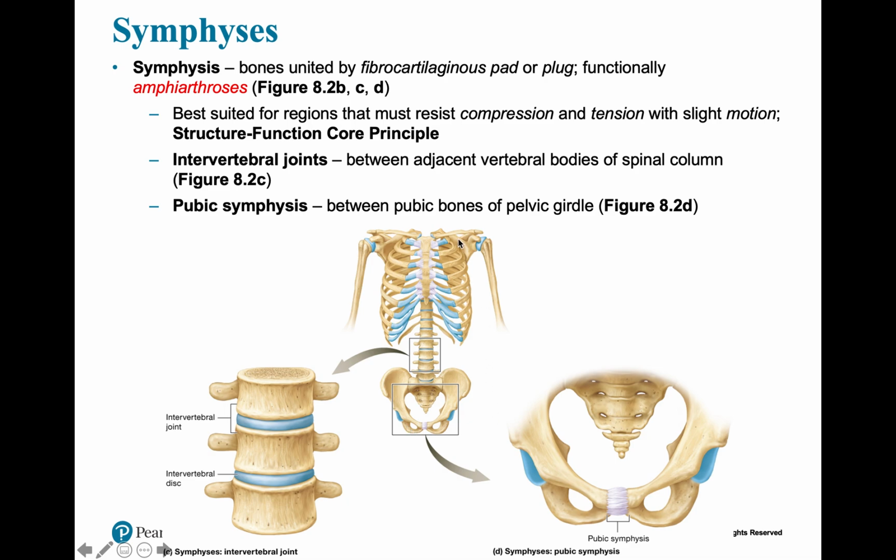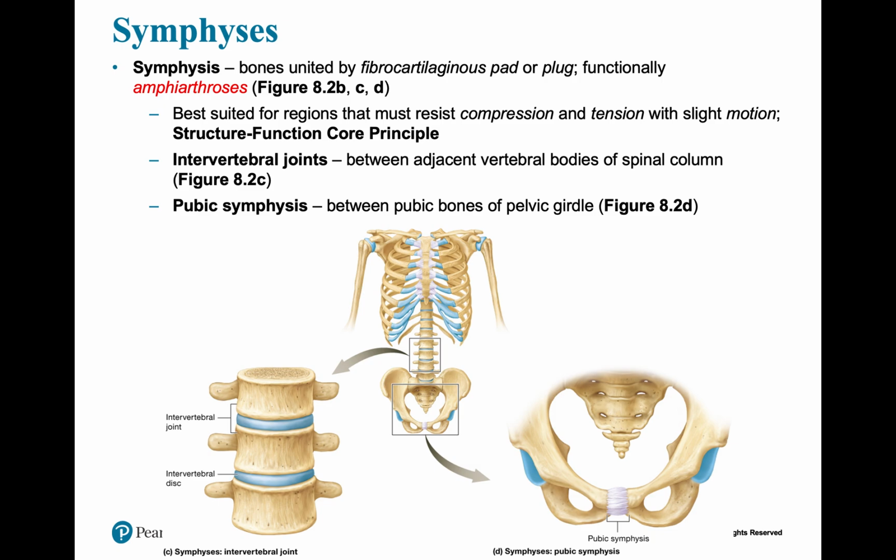Where we need to be able to resist compression, have good shock absorption, but also want slight movement within our spine. We want our spinal column to be stable because it has to help maintain the weight of the upper body. It also has to house and protect the spinal cord.